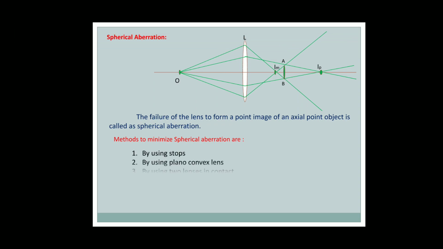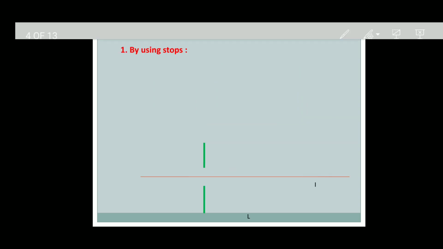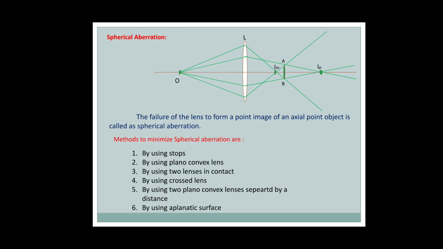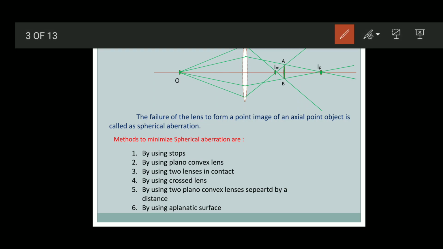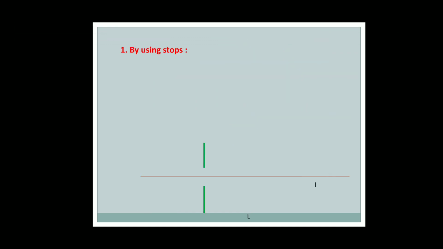There are different methods to minimize it: by using stops, by using a plano-convex lens, by using two lenses in contact, by using a crossed lens, by using two plano-convex lenses separated by a distance, and the last one is by using an aplanatic surface. By using these six methods, we can eliminate the spherical aberration.